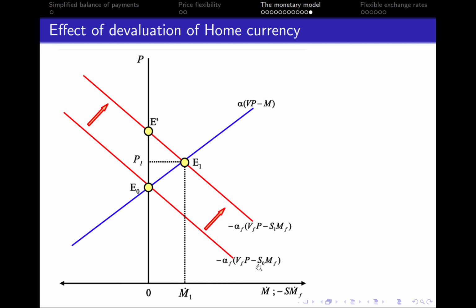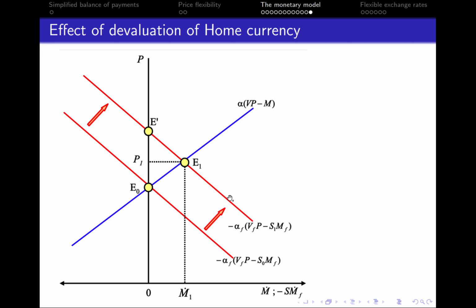So S0 is increasing to S1, right? So now we need to pay more units of our currency for 1 unit of foreign currency. And as a result, this hoarding in foreign is moving upwards.